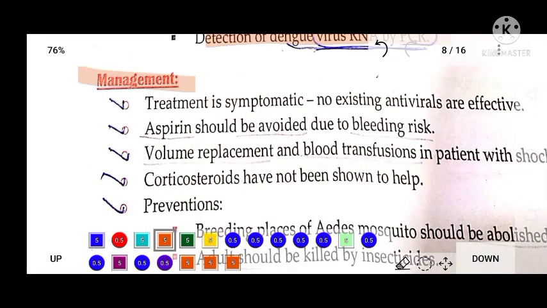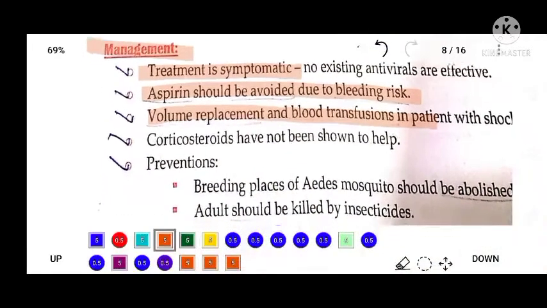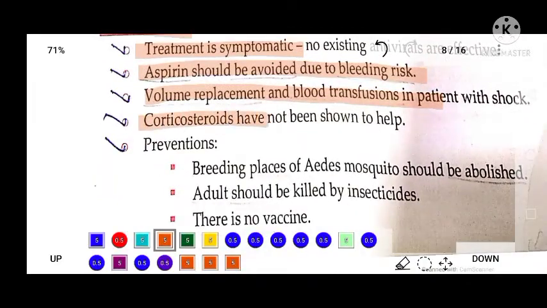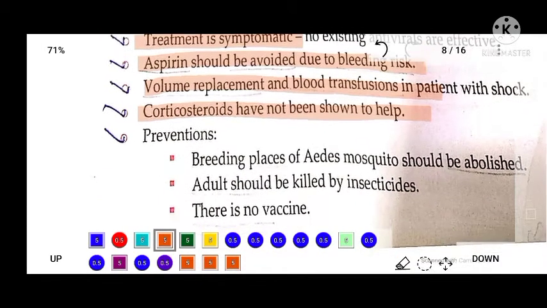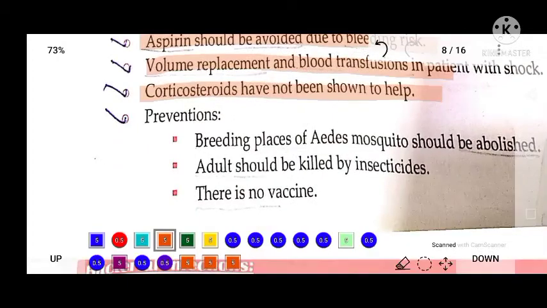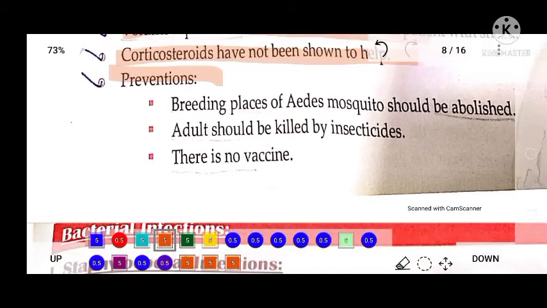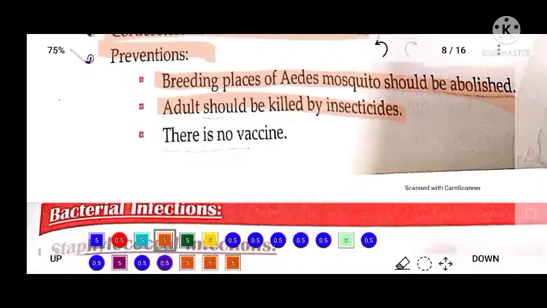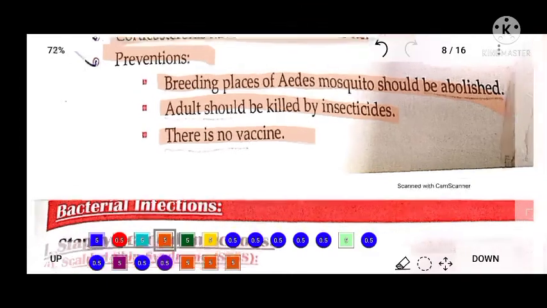The management of dengue is to treat the symptoms. If there is fever, give antipyretics. If there is thrombocytopenia, we will have to manage this, and avoid aspirin and large volume replacement with blood transfusion in a patient with shock. Corticosteroids have not been shown to help, so they are not very effective. For prevention, breeding places should be controlled and adult mosquitoes should be killed by insecticide, and there is no vaccine for prevention of dengue.